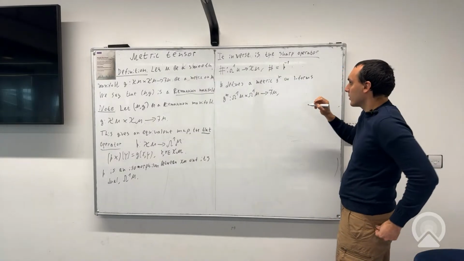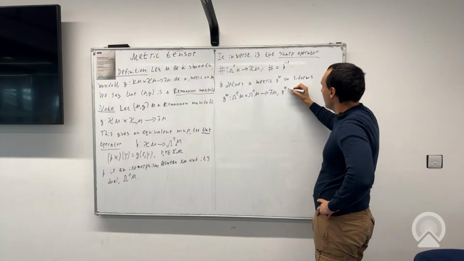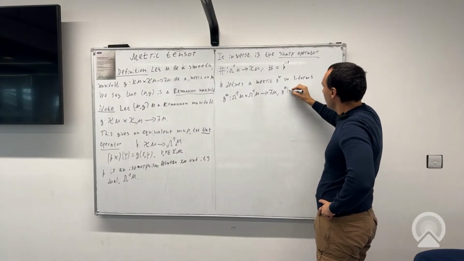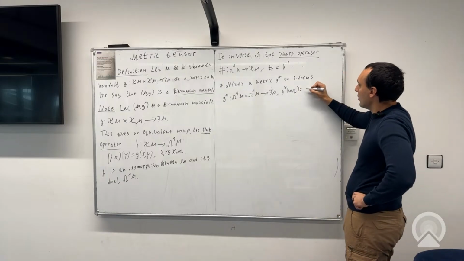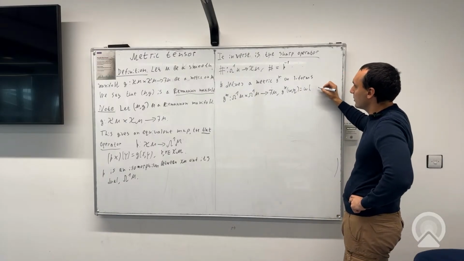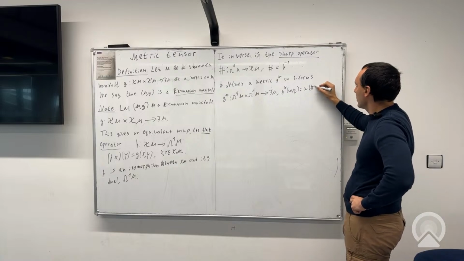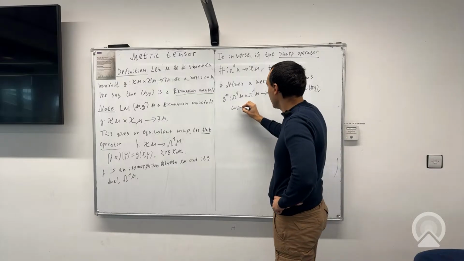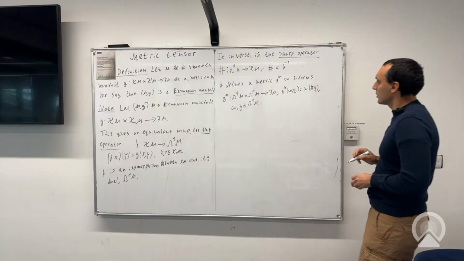And g star of omega, eta is given by omega of sharp of eta. Here omega and eta are one-forms.